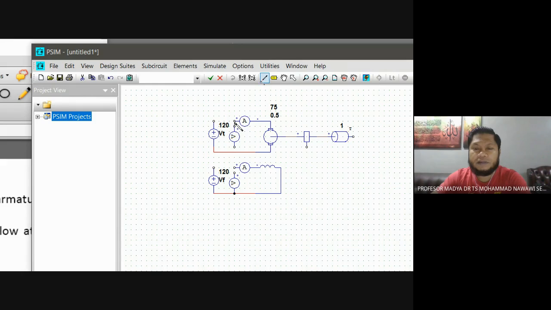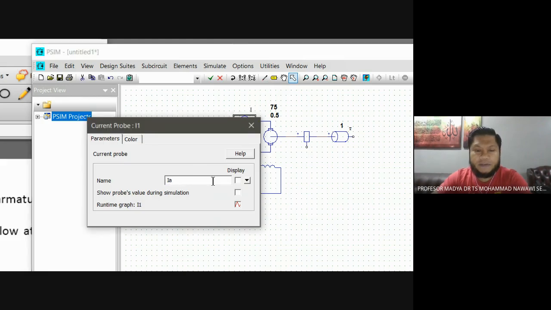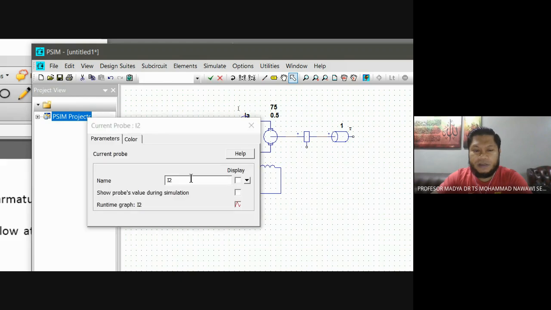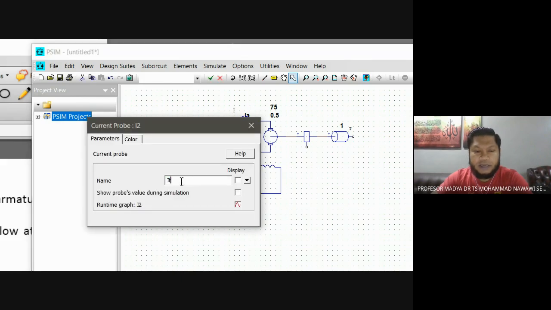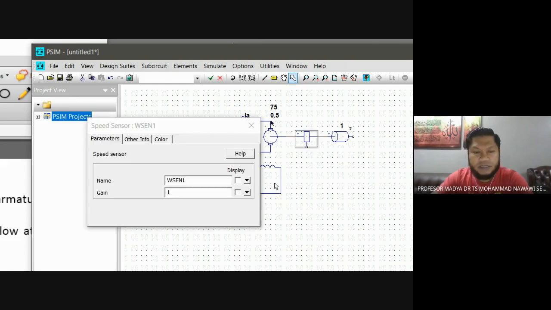Then connect all. So this is IA. This is IF. And double click the speed here. For the gain one, okay.